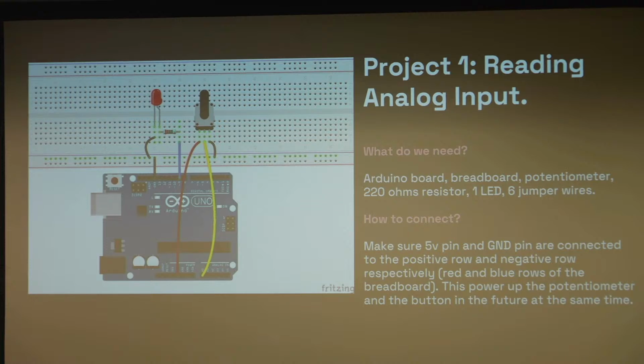We're going to be using an LED, a 22K ohms resistor, and that little tiny component that you see there is our analog component, which is going to serve us to read analog input. It's like a spinning thing that you can adjust.